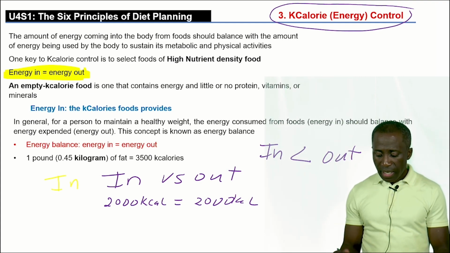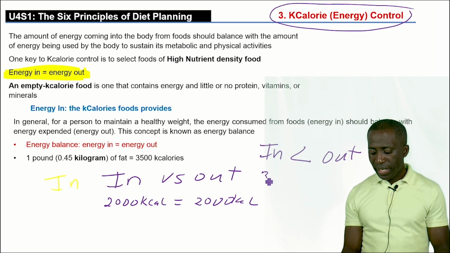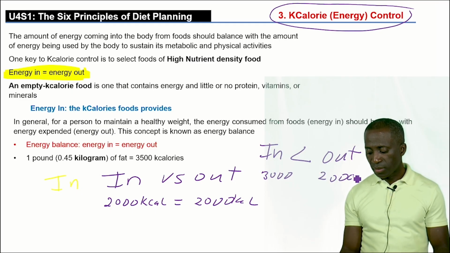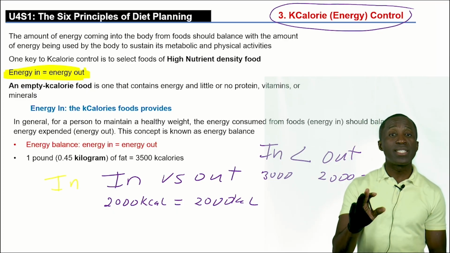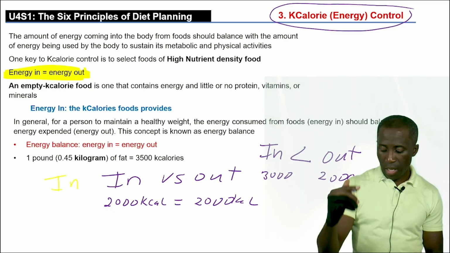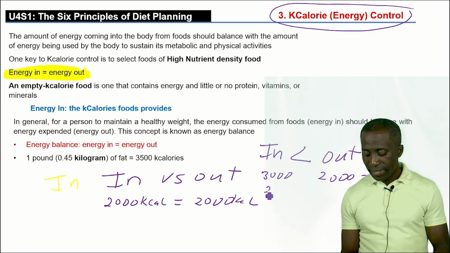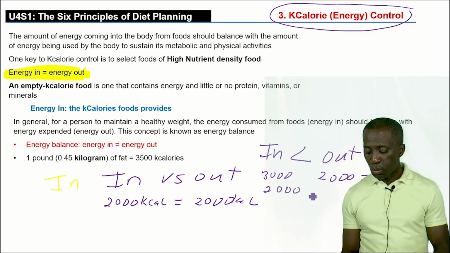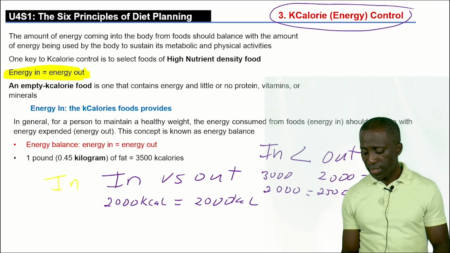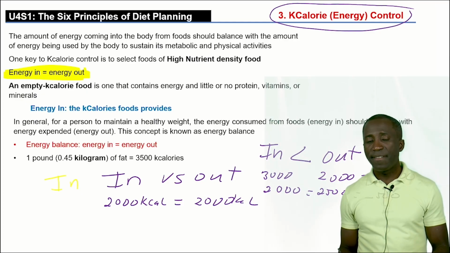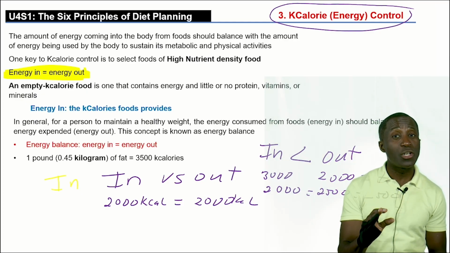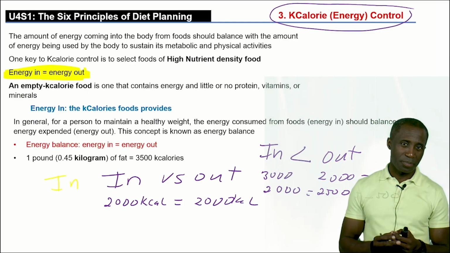So basically, if, for example, energy in is 3,000 and energy out is 2,000, you have plus 1,000 kilocalories, which means that you are gaining weight, right? But if energy in is, for example, 2,000 kilocalories and energy out is 2,500 kilocalories, so here, what do we have? You are losing 500 kilocalories, which means that you are losing weight.